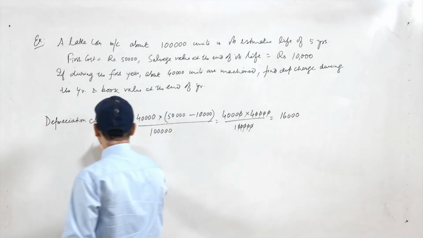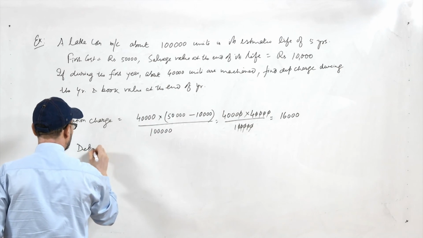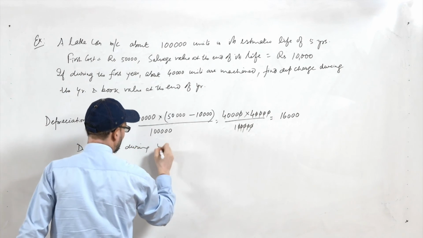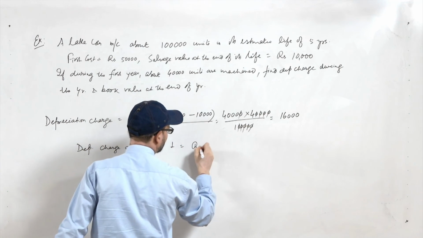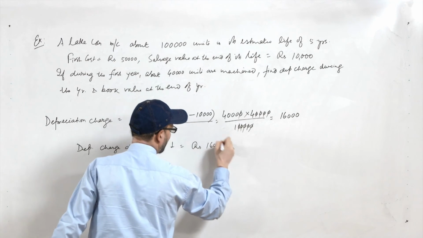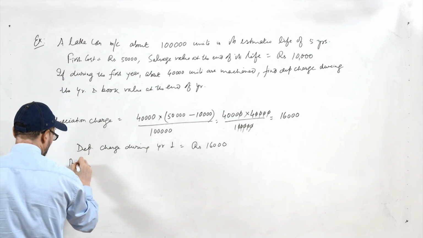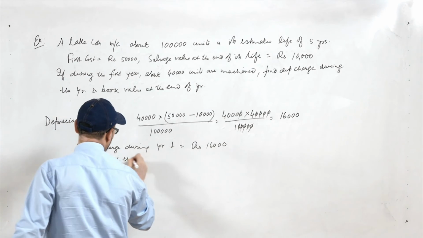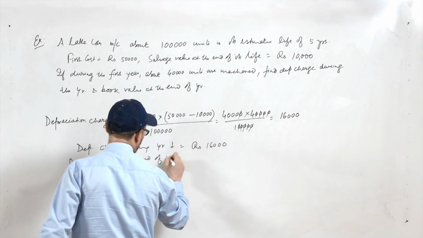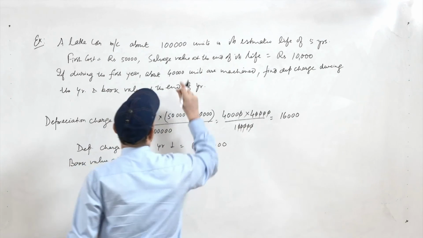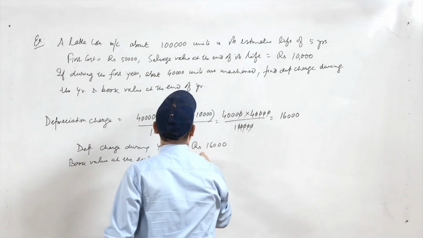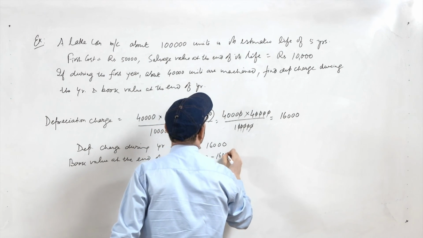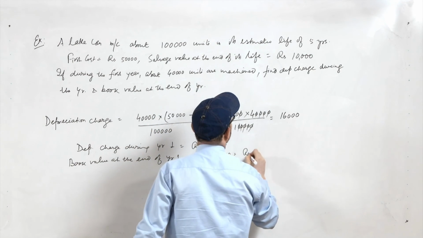So, the depreciation charge during year 1 is rupees 16,000, and the book value at the end of year 1 will be, you have a book value of 50,000 initially, so 50,000 minus 16,000, that is rupees 34,000.